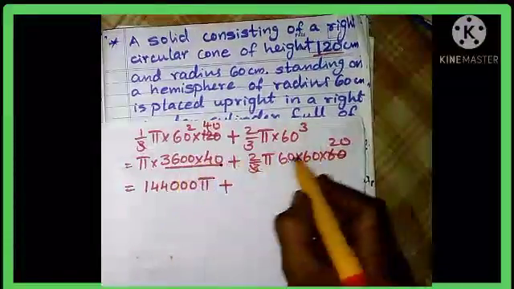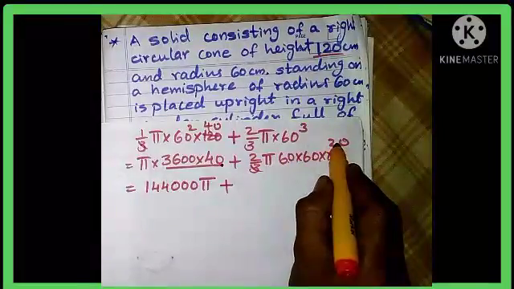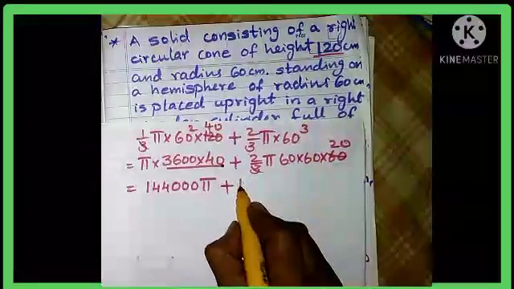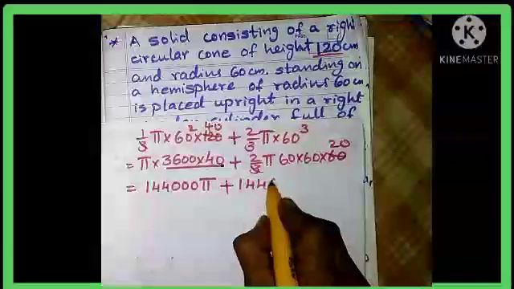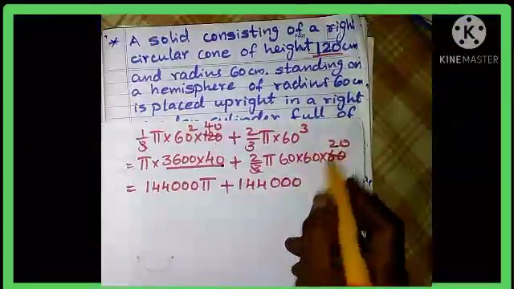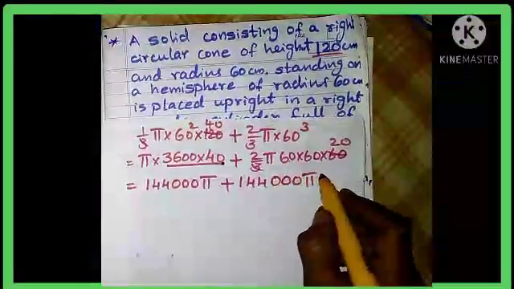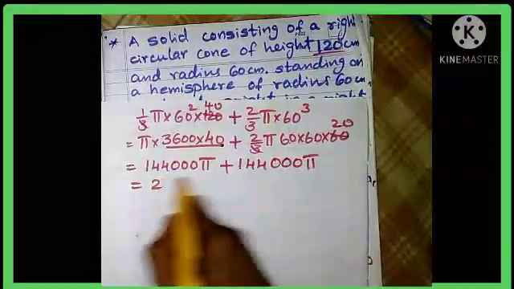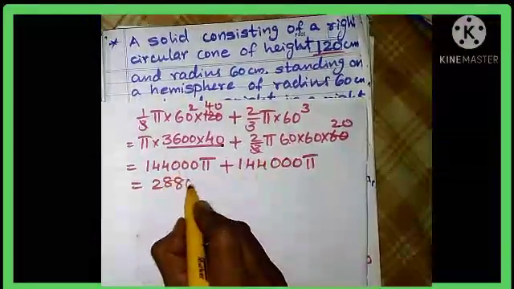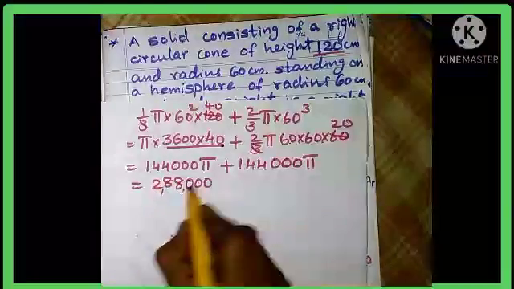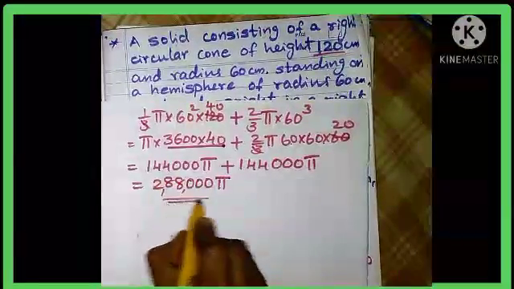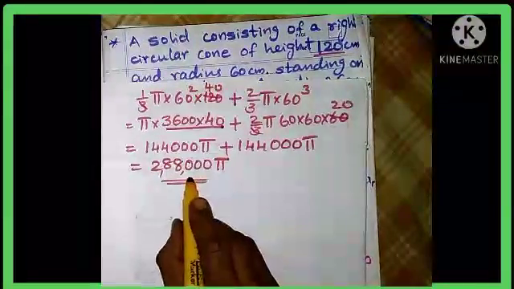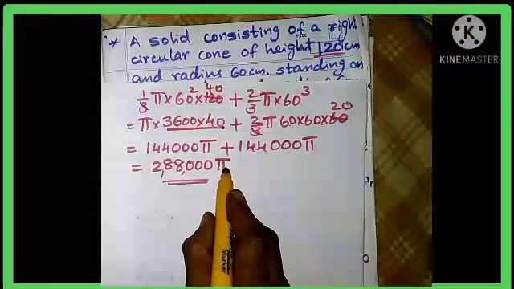So the same number you are getting here, 3600 into 40, that is 144 with the 3 zeros. Understand? That much pi. The sum of these two will be 144 plus 144, 288 with the 3 zeros. So 2,88,000 pi. It is the sum of the volumes of cone and hemisphere.